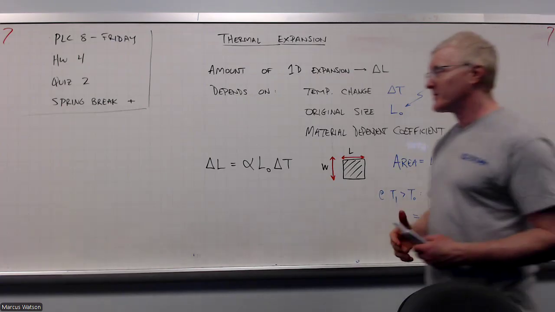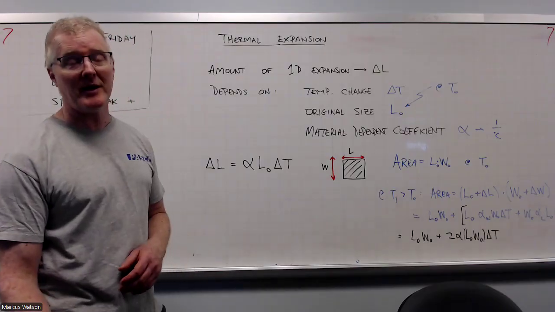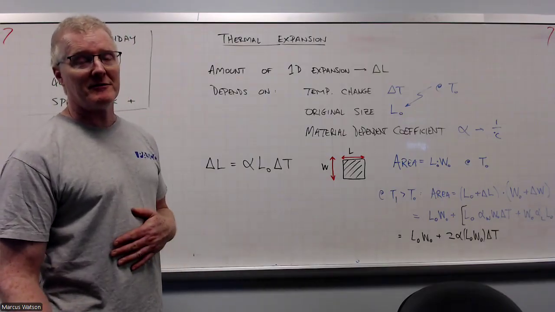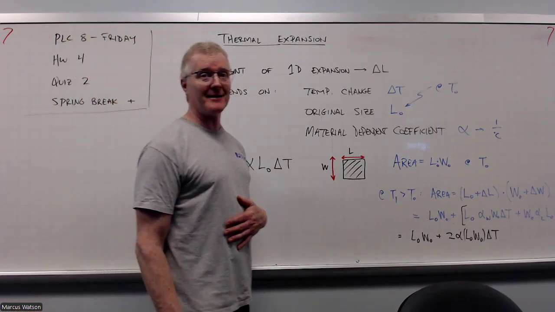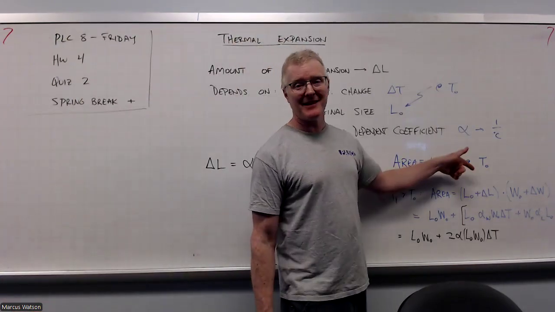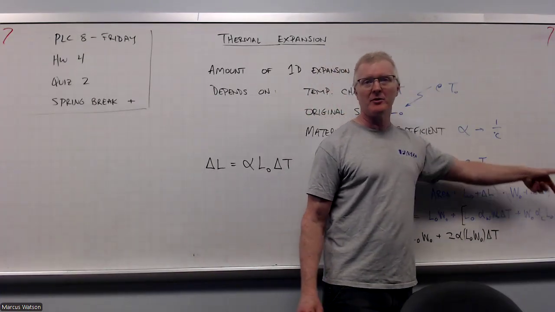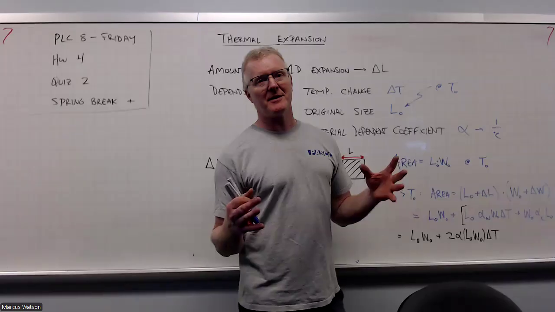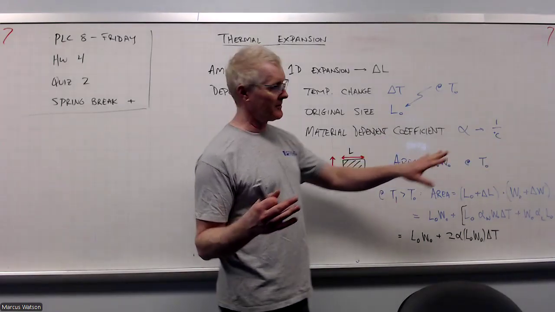By the way, for those of you who are sharp-eyed, saying, hey, wait a sec, you didn't FOIL that properly. You're right, I didn't, because I left off the last term, which would have encompassed a delta L multiplying a delta W, but that's second order in a very small number, so we're ignoring that, okay?